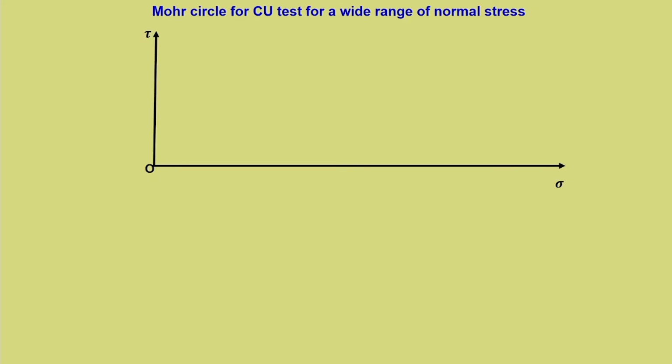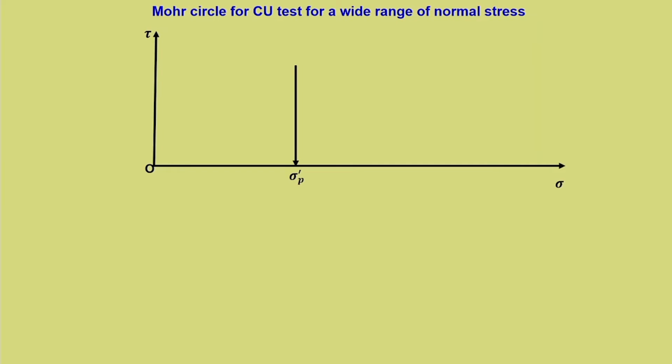Mohr circle for CU test for a wide range of normal stress. Now, we will try to understand what kind of Mohr circle we get when we consider a wide range of consolidation stress or normal stress. So, tau versus sigma. Let us first draw the pre-consolidation pressure.